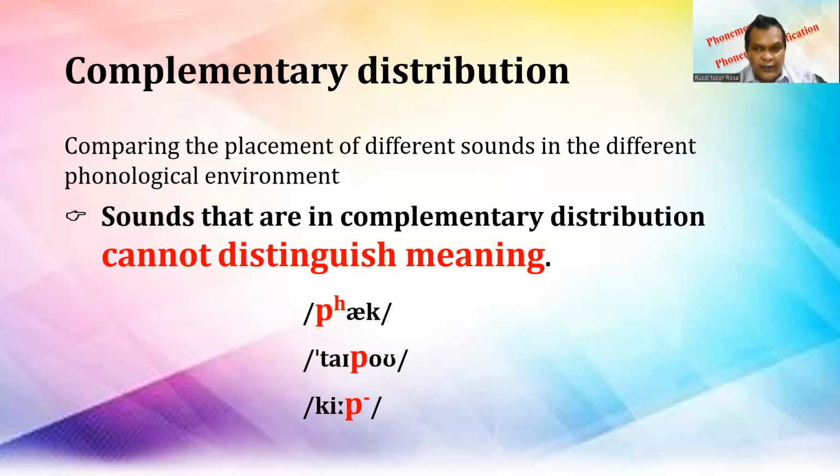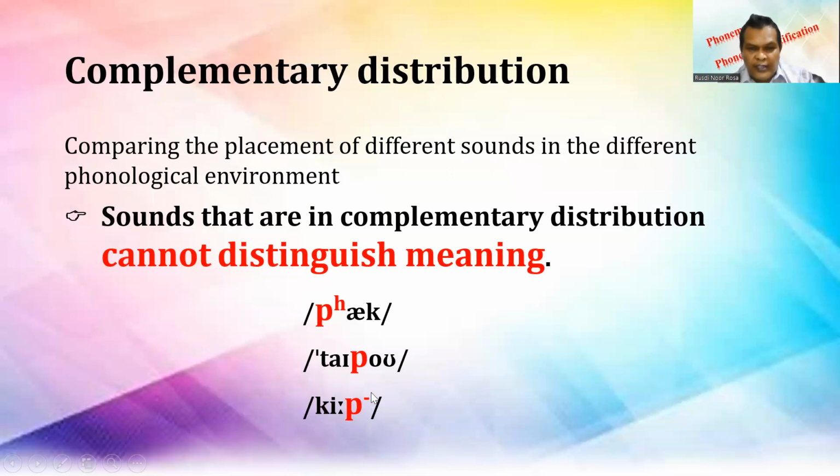Whenever it is not stressed, it is not aspirated. In other words, we can say that aspirated p can only be found in this phonological environment. It cannot be used in the second or the last phonological environment in our example. The same thing happens to unreleased p.